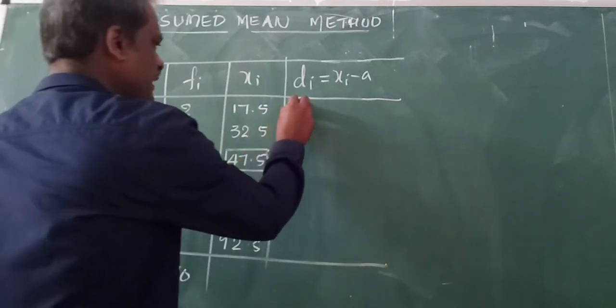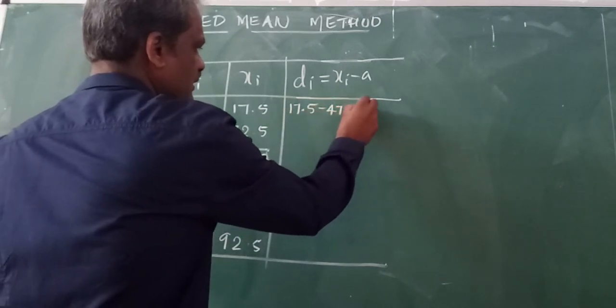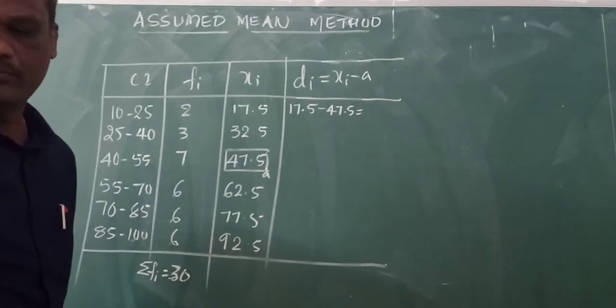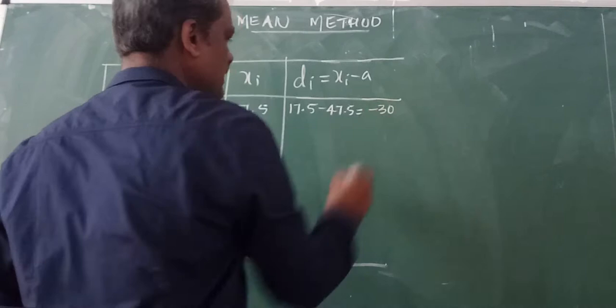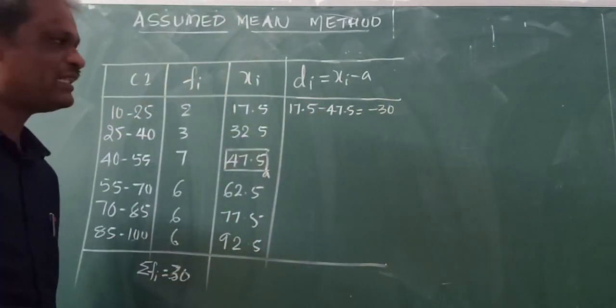So 17.5 minus 47.5, subtracting these two, gives minus 30. The larger number has the negative sign, therefore minus 30.